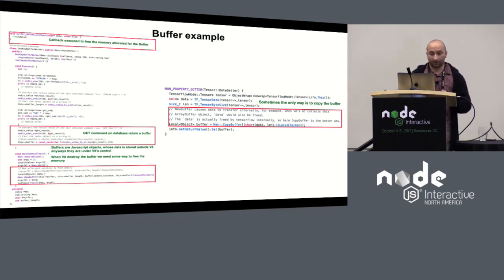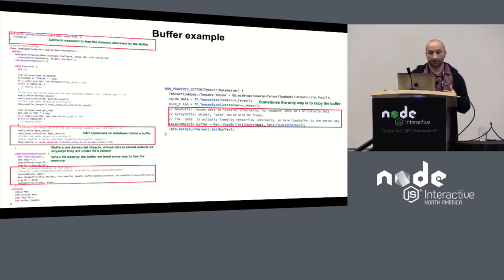So when V8 destroys the buffer, we need some way to destroy the memory, to free the memory that the buffer uses. We have to set a callback that has this responsibility.